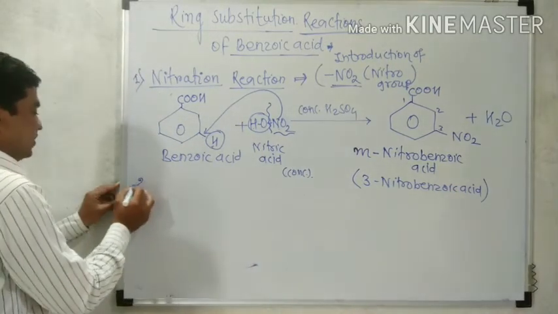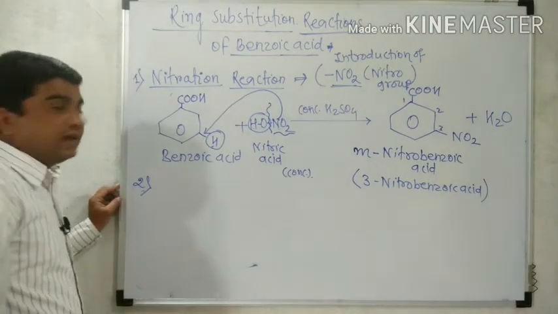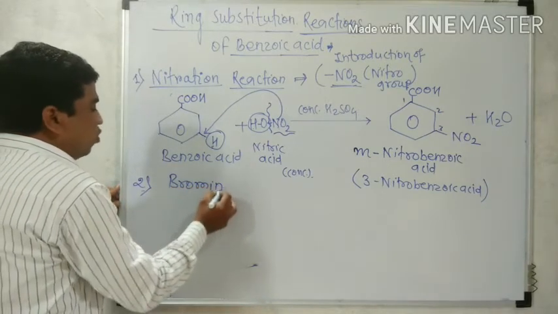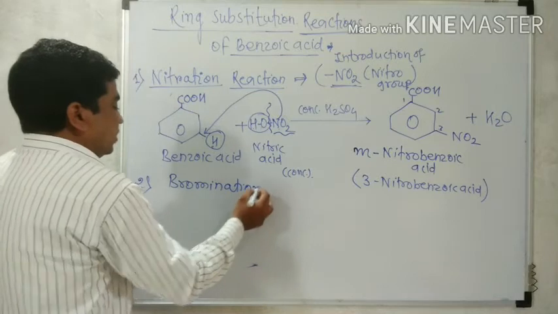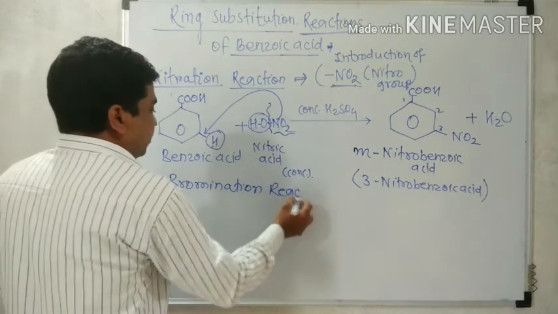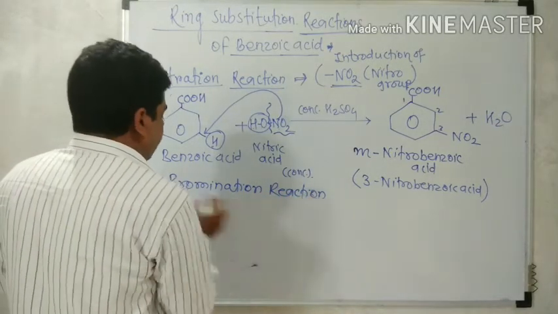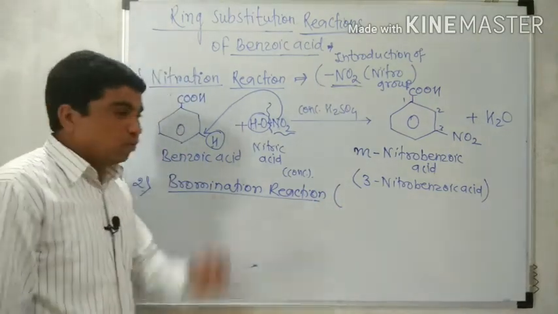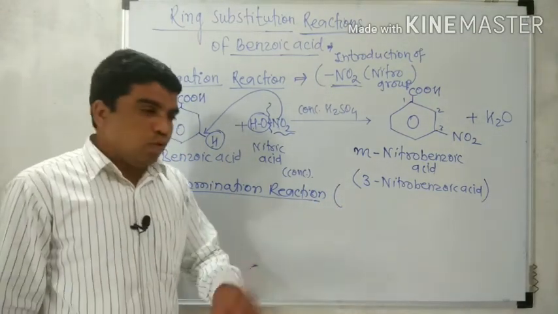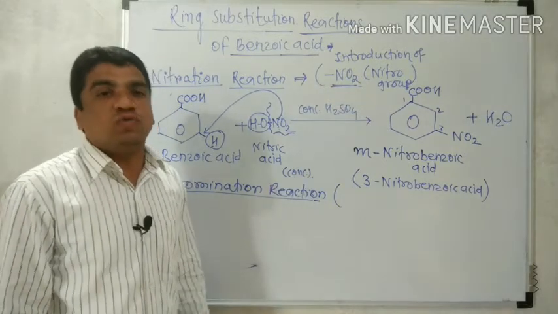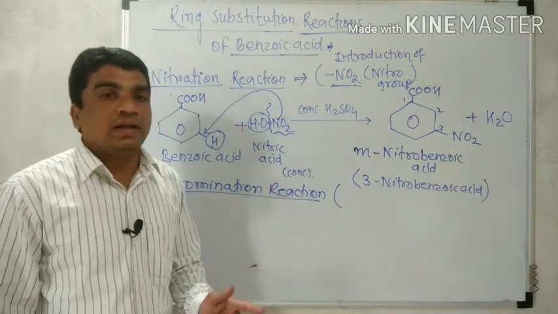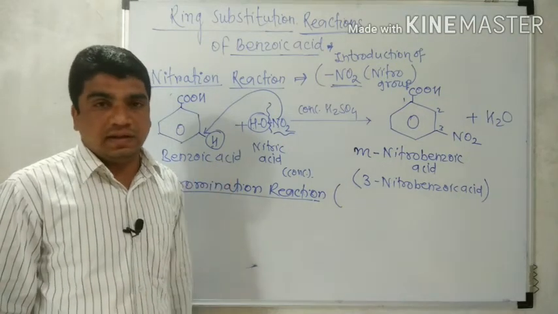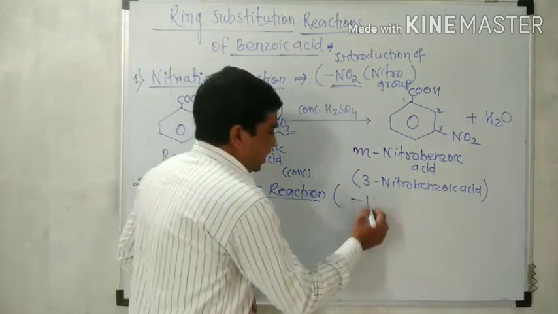Now we are going to discuss the second ring substitution, that is bromination. Bromination reaction of benzoic acid. We know that in bromination, a bromine atom is introduced in the reaction. So here the hydrogen atom of the benzene ring is replaced by a Br group.